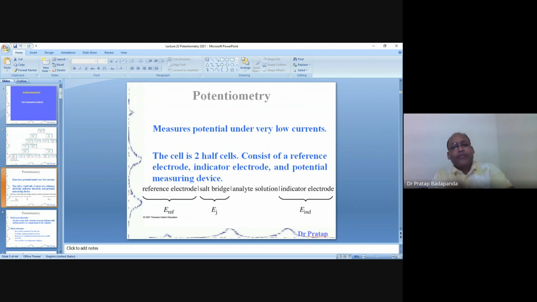One is a reference electrode, second is an indicator electrode, and third is a potential measuring device. For the reference electrode you can use E_ref as the abbreviation, and for the indicator electrode, which is what we measure, we use E_ind.